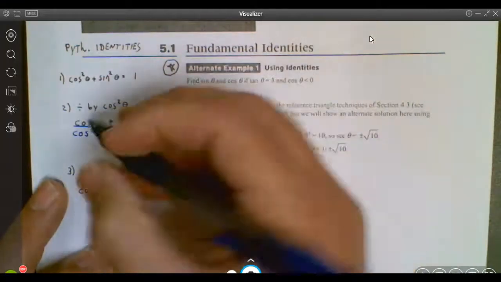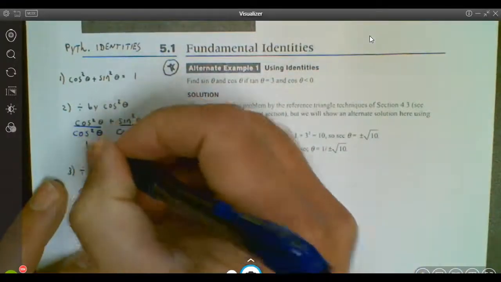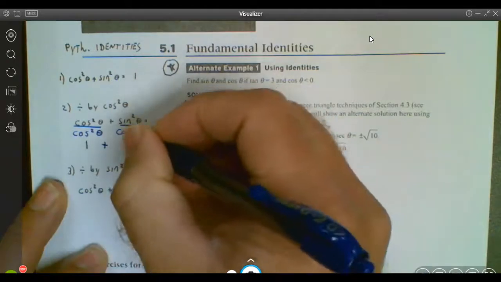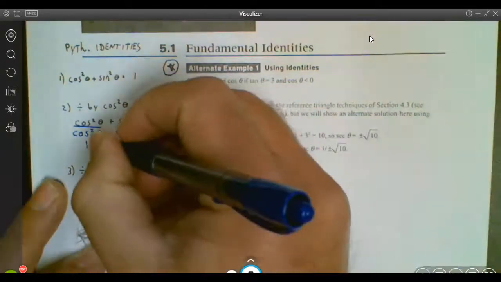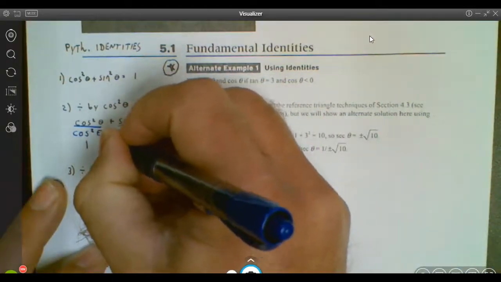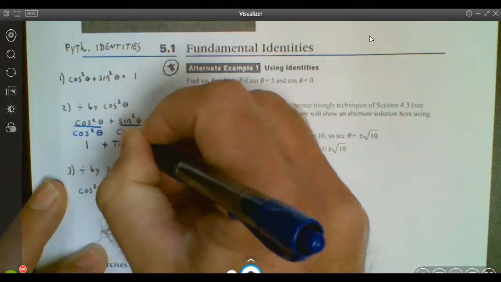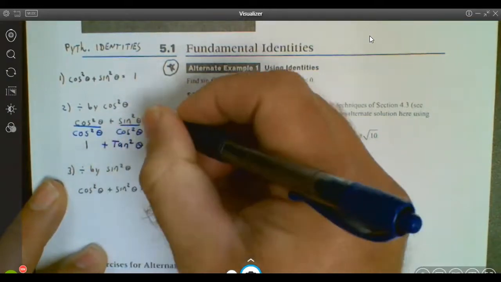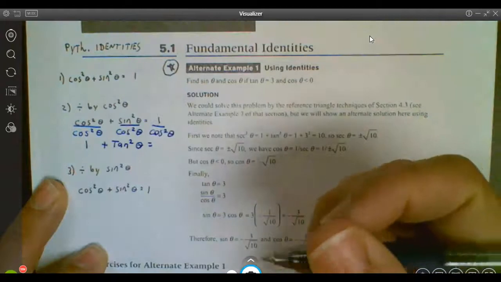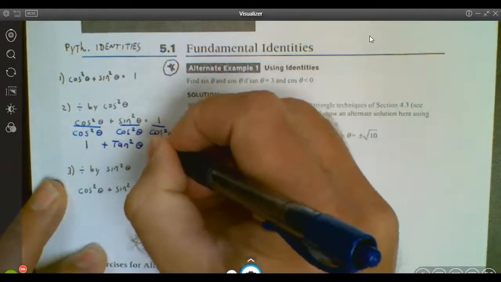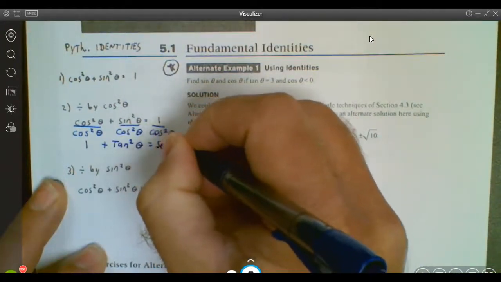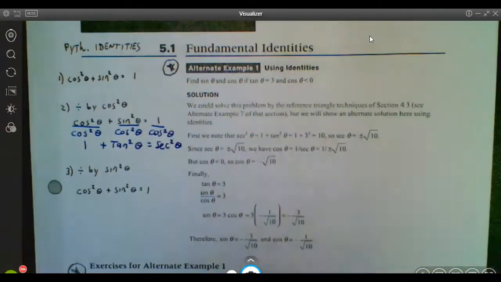So this divided by itself is obviously 1. Sine over cosine is tangent. And the inverse of our cosine function is our secant function. Just like that, we have another identity.